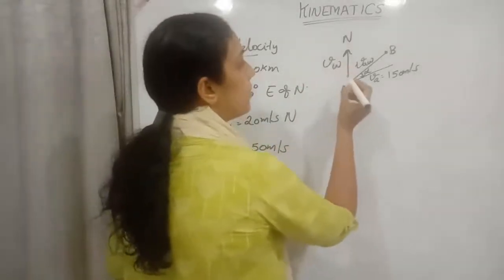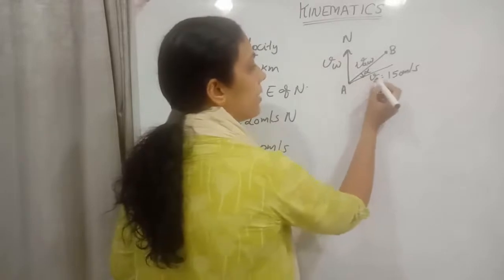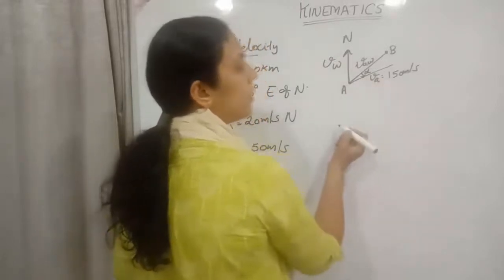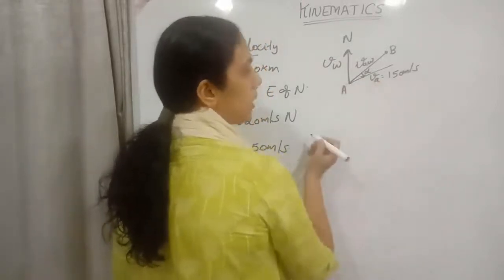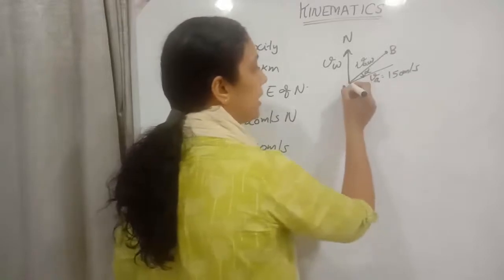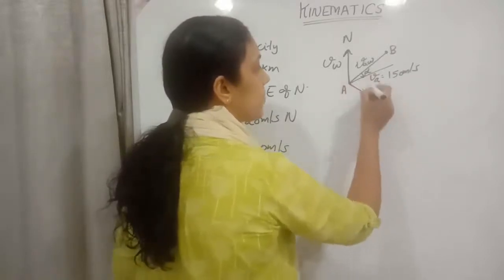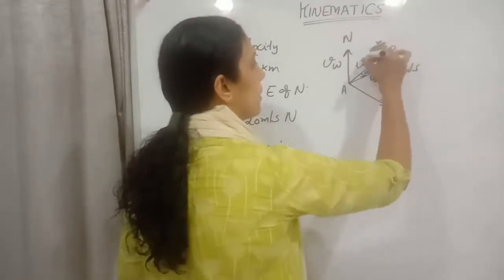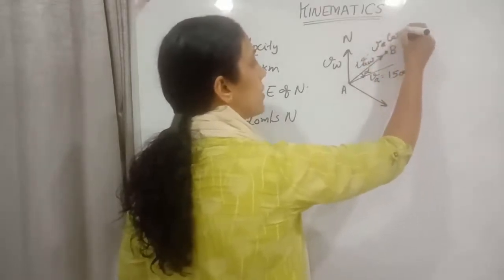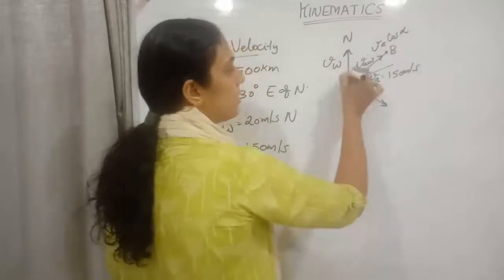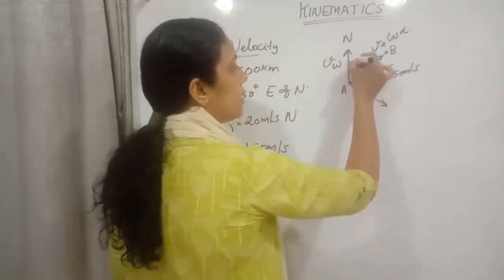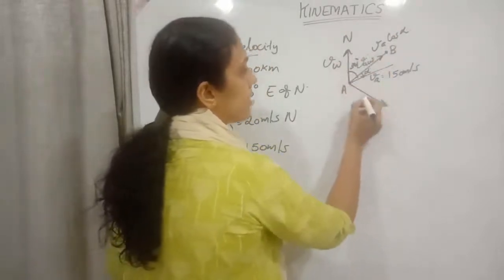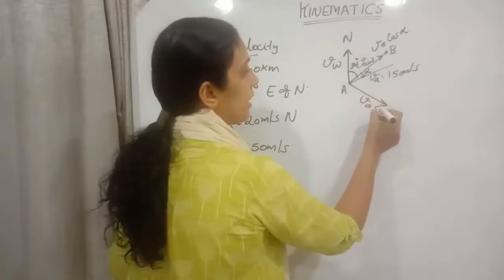For that, first we will be making this VA into two components. How can we divide VA into its components? This will be VA cos alpha. This is 30 degree. Then this is VA sin alpha.